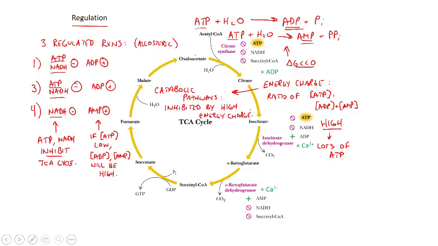Anabolic pathways tend to be inhibited at a low energy charge. I leave it as an exercise to you to figure out why that would be. So to summarize, ATP and NADH inhibit the citric acid cycle. ADP and AMP activate the citric acid cycle.